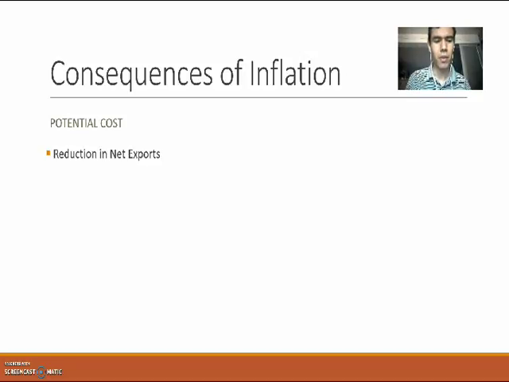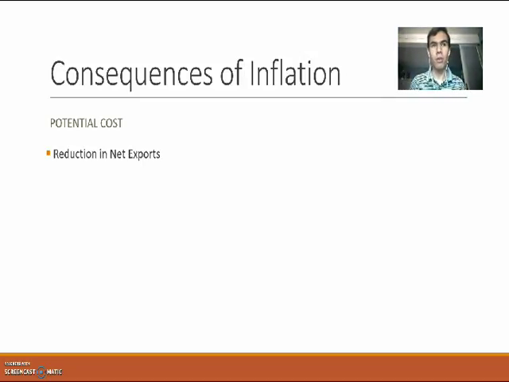Let's take a look at the first one. Reduction in net exports. Well, why do you think we will have a reduction in the net exports, guys? Why do you say? Well, this one is a little bit easy, because if you think about it, our products are more expensive now, right? We have inflation, so prices increase, and our products are going to be more expensive.